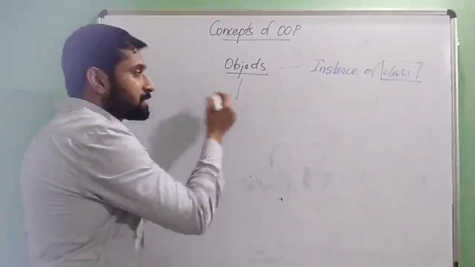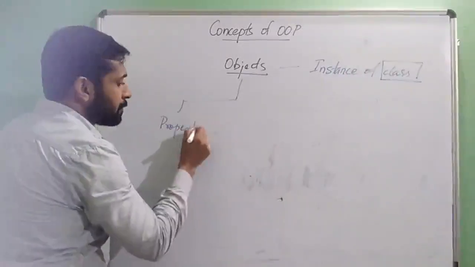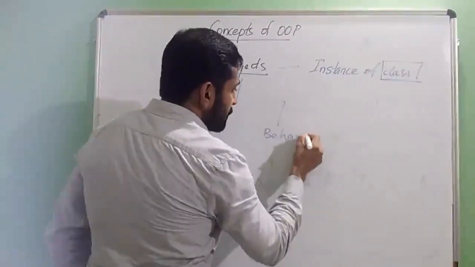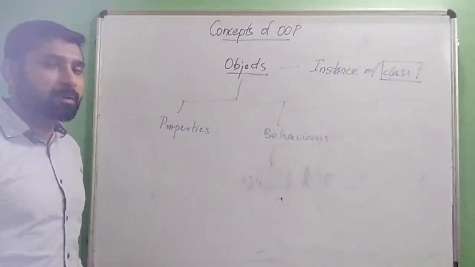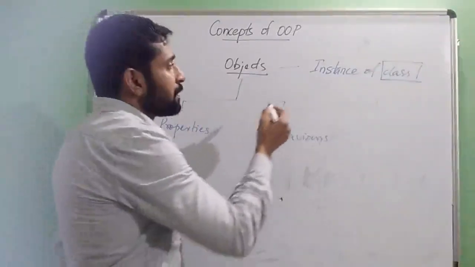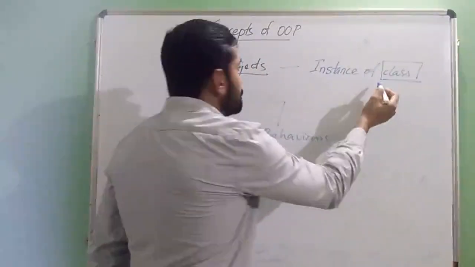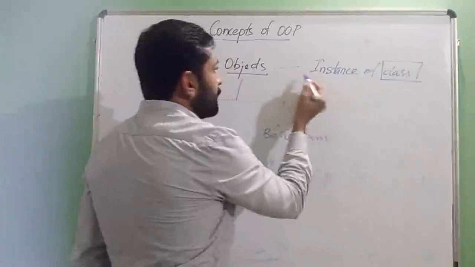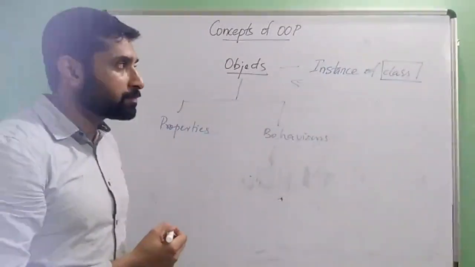We have seen an object has properties and behaviors. So actually, a class is a way to define an object. A class is a way to create objects.